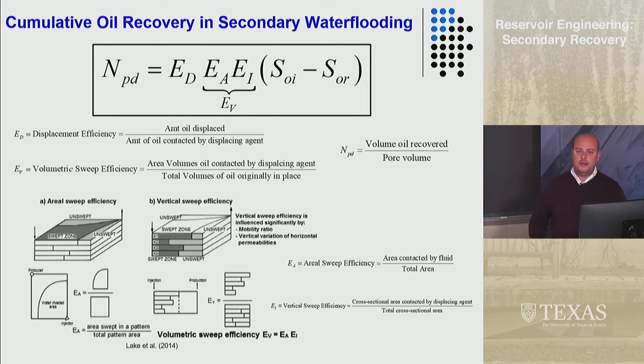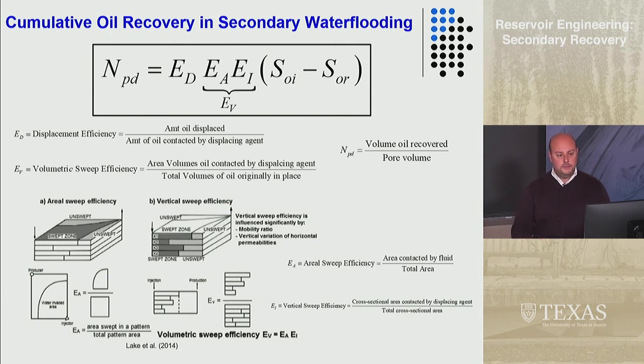But we've also subtracted off SOR. SOR is the residual oil saturation. That's the capillary trapped oil. That is oil that is trapped due to interfacial tensions, and we can't produce that unless we do something unique like inject a surfactant, which is like a soap that reduces the interfacial tension.